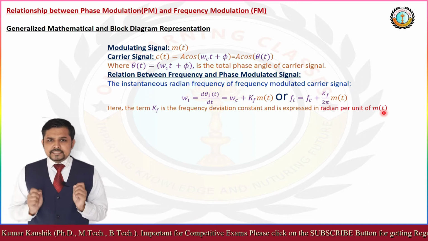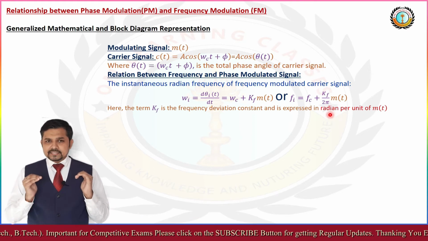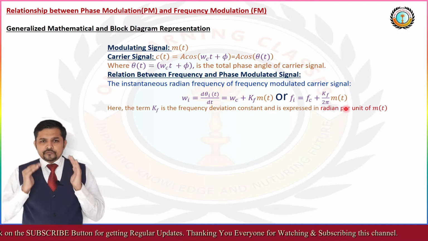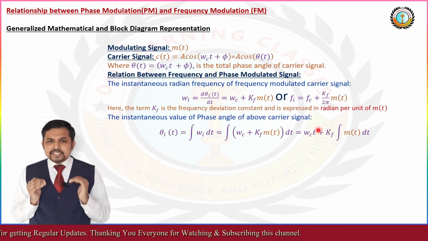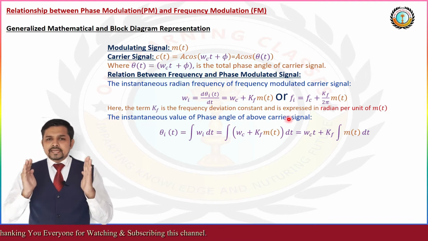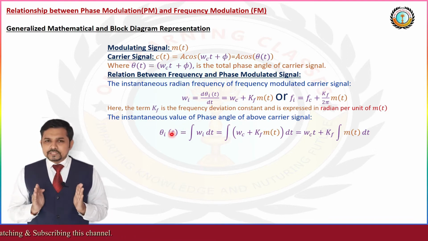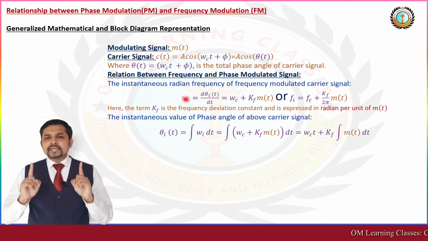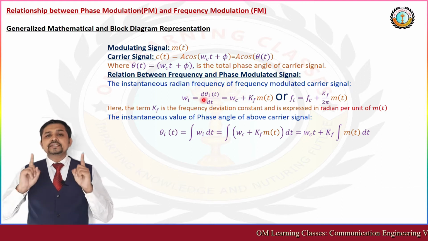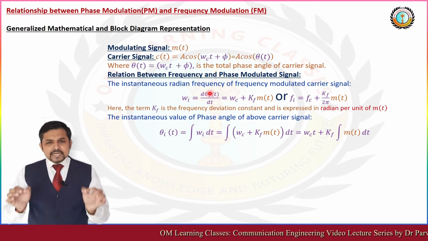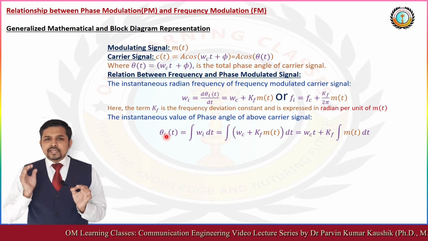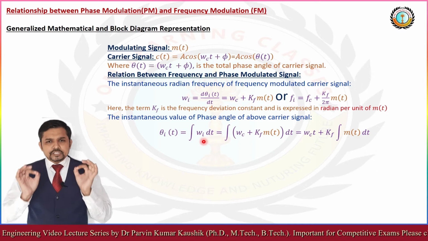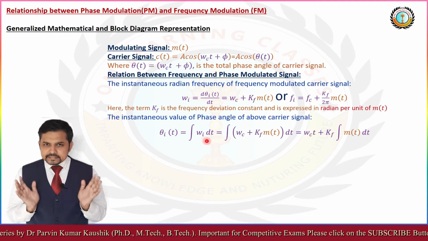So while considering this, we can get the instantaneous value of phase angle from the instantaneous radian frequency by taking the mathematical expression. We know that omega is equal to the derivative of theta_i(t), and if we want to calculate theta_i(t), then the derivative becomes the integration, and theta_i(t) is equal to the integration of omega_i dt.